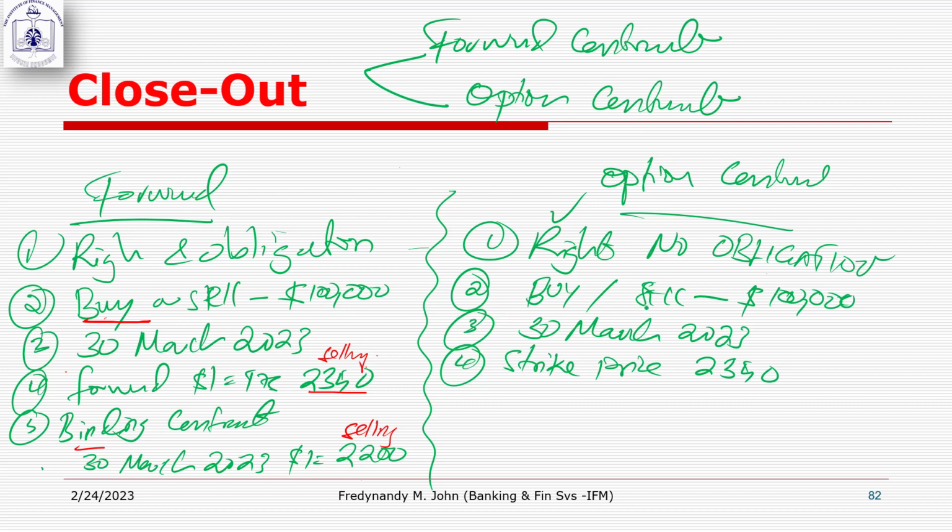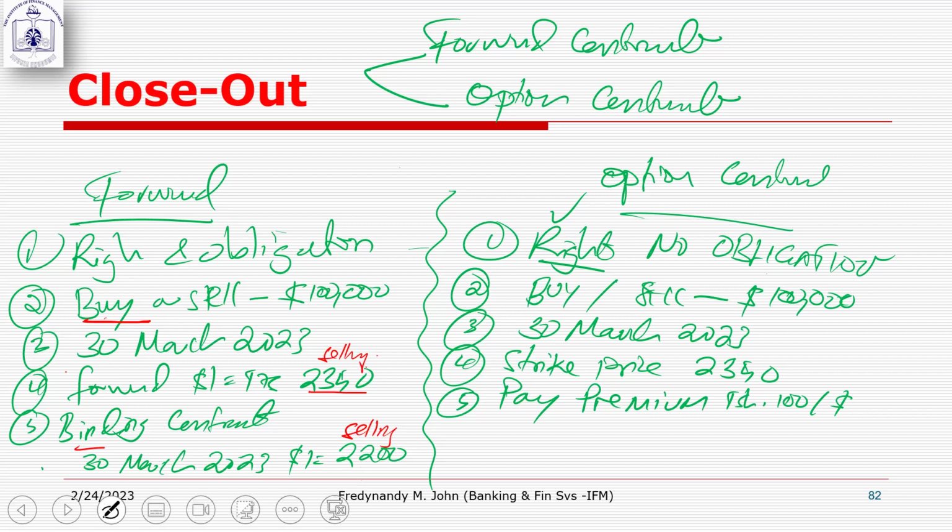However, now, for the customer to be granted this right, he or she will have to pay a premium to the bank. Now, the premium can be, let's say, Tanzanian shillings 100 for every single USD.